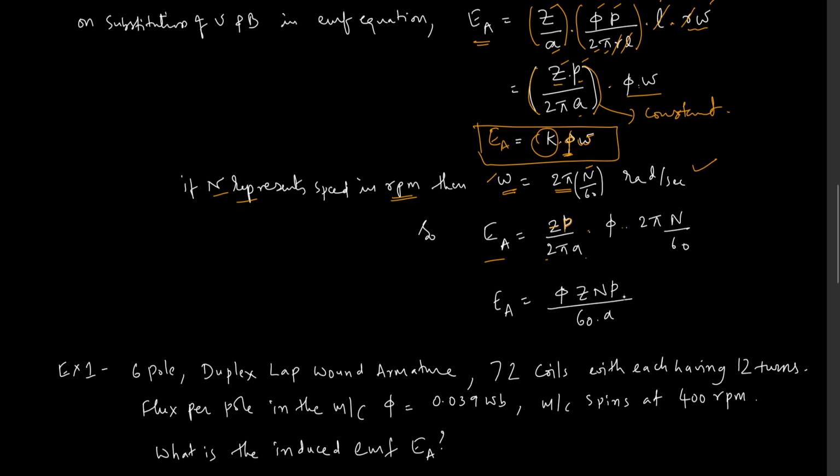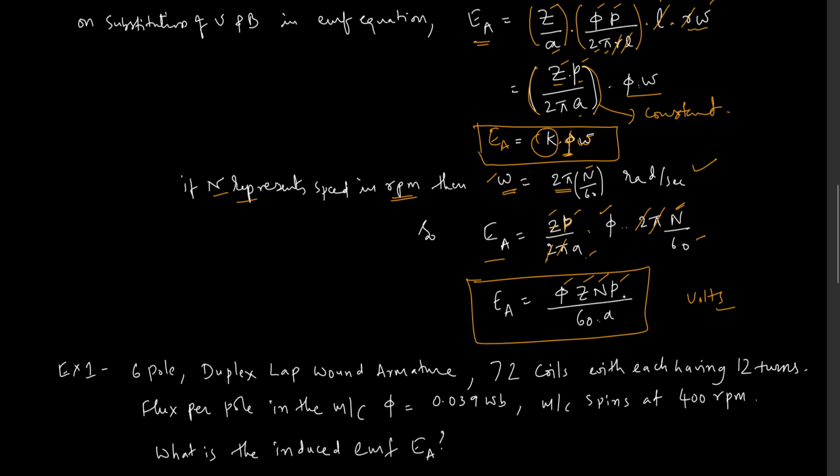After cancellation the 2 pi goes, and in the numerator we have phi Z N P, over 60 A. This is the final expression: EA, the armature induced EMF per parallel circuit, equals phi Z N P by 60 A. This is in volts.